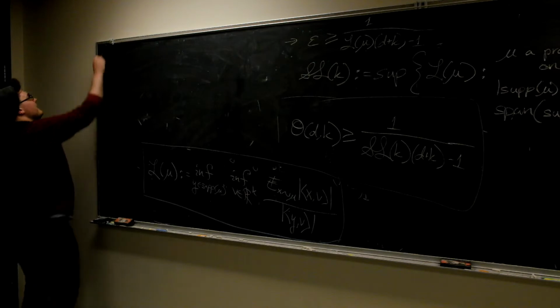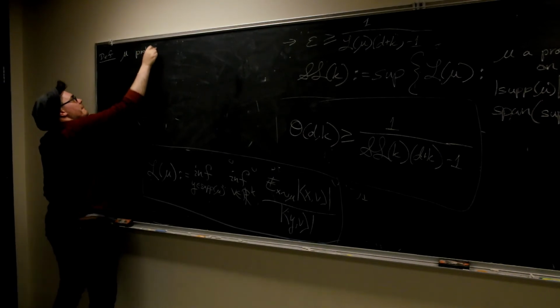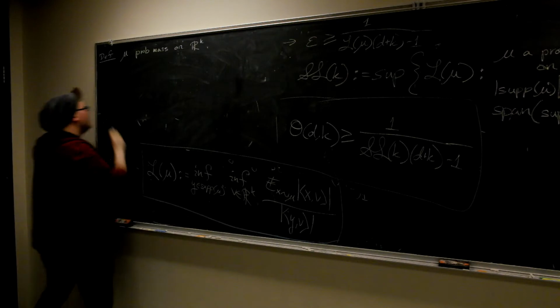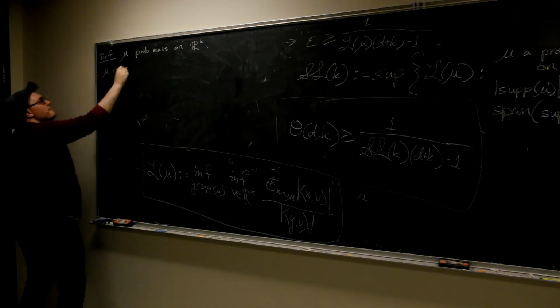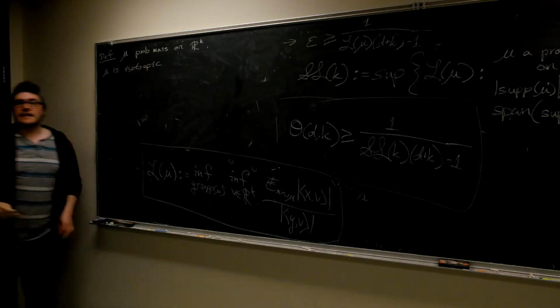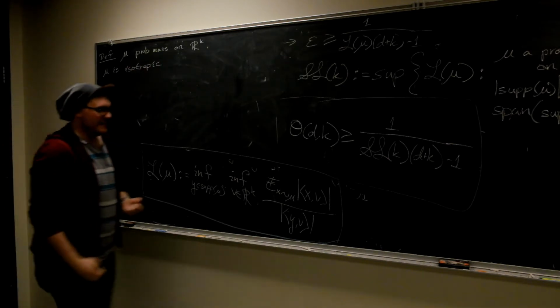Okay. So definition. So I have some mu, a probability mass, on R to the k. Mu is isotropic if its second moment is the same as you would get from the standard basis. So what's one fact about the standard basis?